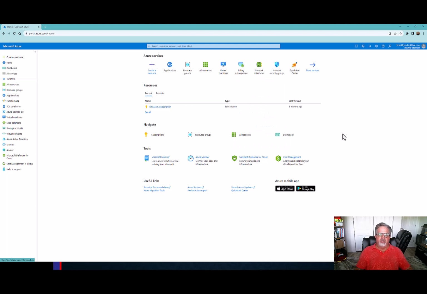We'll build some resources in the cloud so you can actually see what it looks like when you actually do something in the cloud. So what you're looking at is portal.azure.com. This is the home page. So I will see you for part 11, and in part 11, we're going to dive into this a lot deeper.